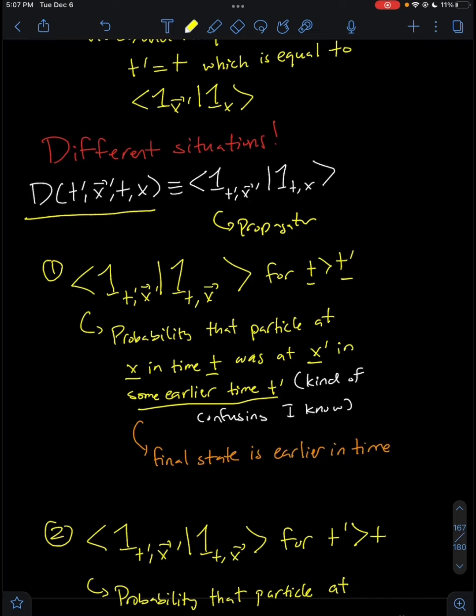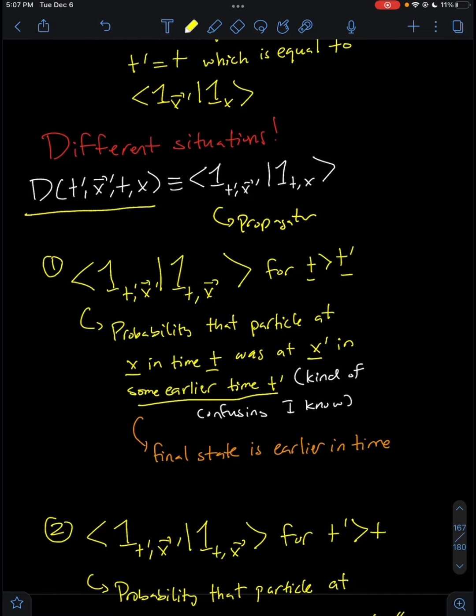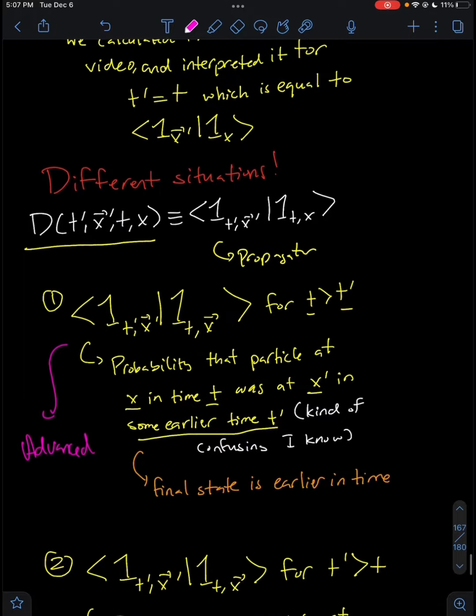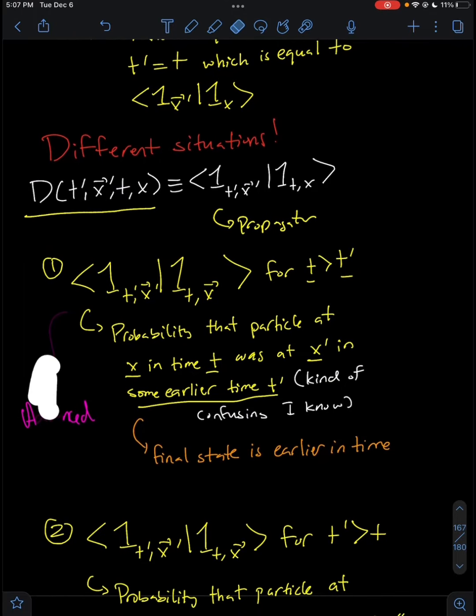It's kind of weird because the final state is the earlier state, but it's just telling us the probability amplitude that a particle that's right now at x, t was at x prime, t prime earlier in time. And we call this propagator the advanced propagator, which we will be talking about more shortly.